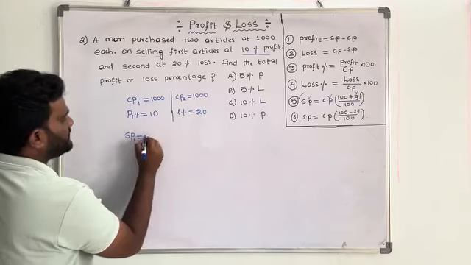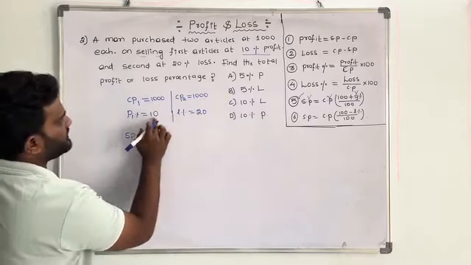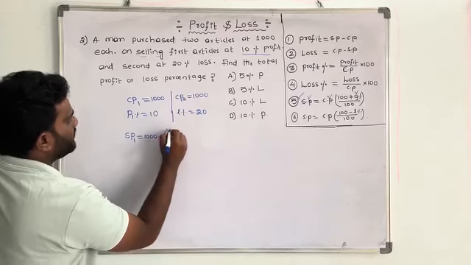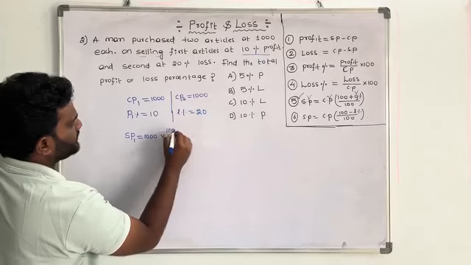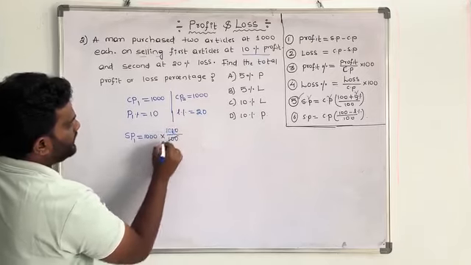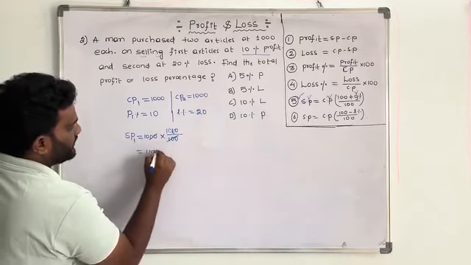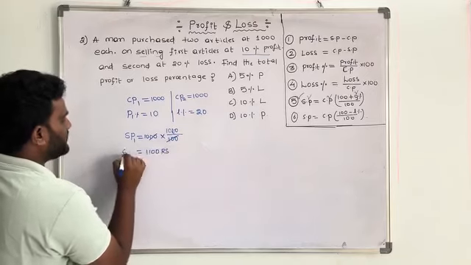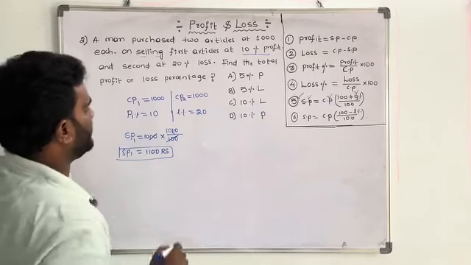So cost price is 1000 into 100 plus gain percent, 100 plus 10, 110. 1000 into 110 divided by 100. So 100 and 2 zeros are cancelled, then 1100 will be. So 1100 rupees. So selling price of first article will be 1100. So he sold it for 1100.